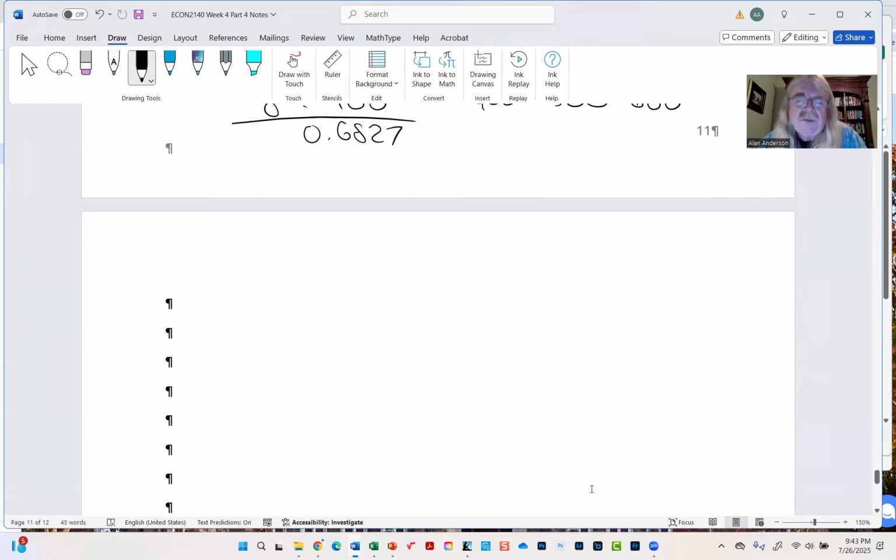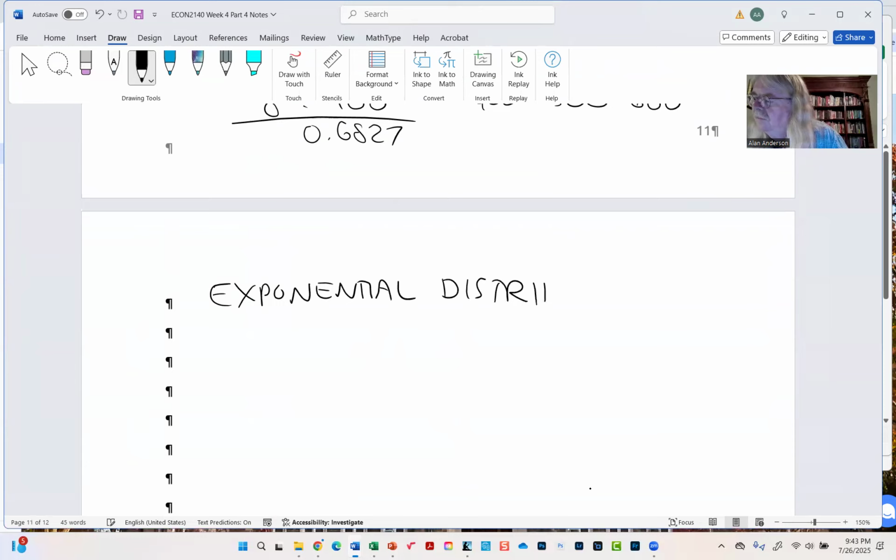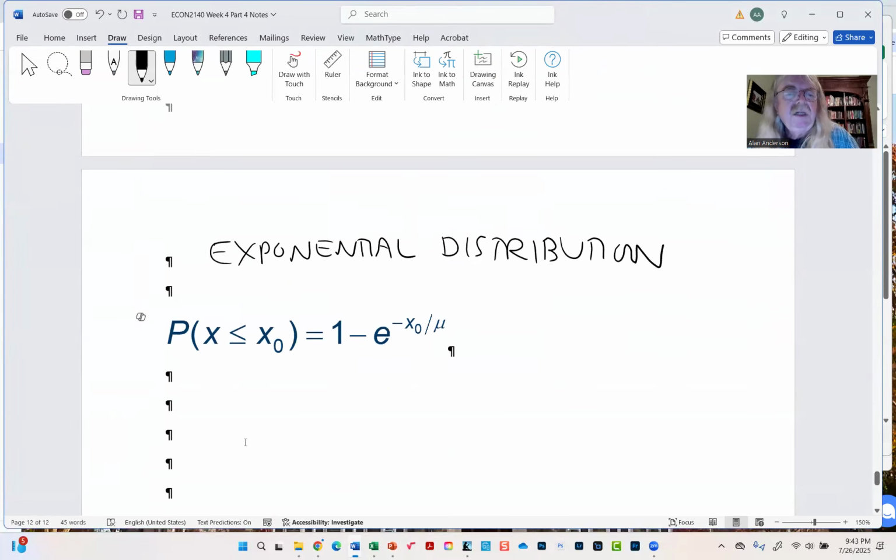This one is only used for very special occasions. So this is the one we'll be using most of the time. By the way, mu is mean, just like it was in the Poisson distribution.